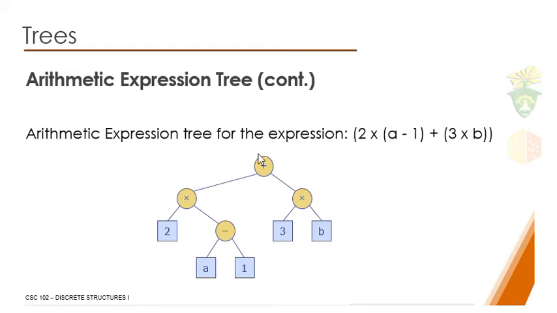Let's convert that to a tree. First, we have the root, the operator addition, the plus. The operands are the children. There is no parent that is an operand. Remember, all parents are operators. Operands are not qualified to be parents because they do not operate on anything. So, a parent will always be an operator.